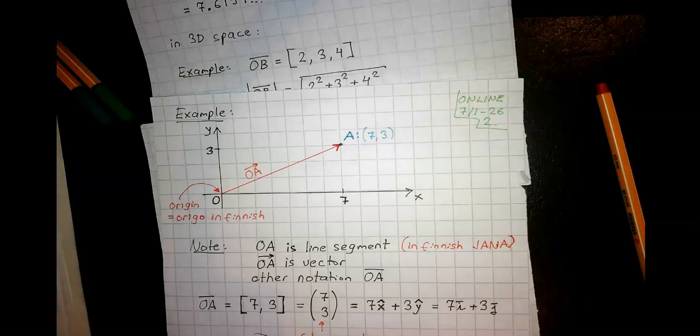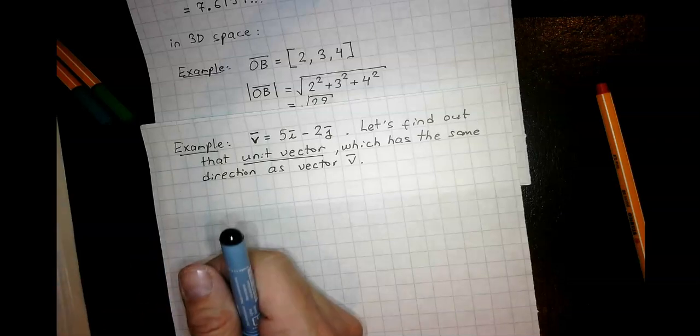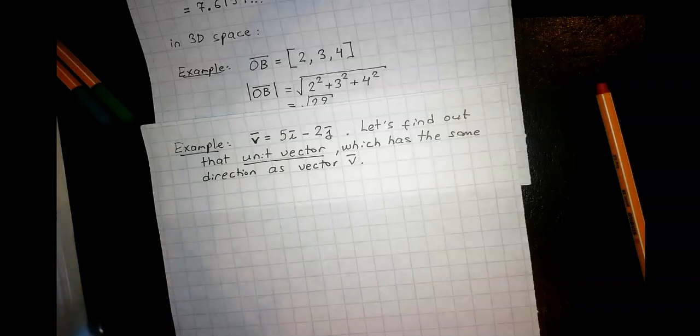But mostly it is enough to draw some kind of approximate picture of that vector. So these drawings do not take so much time mostly when we are solving problems concerning vectors.